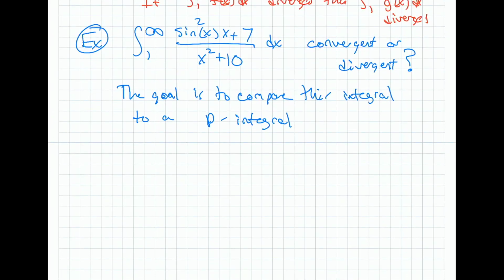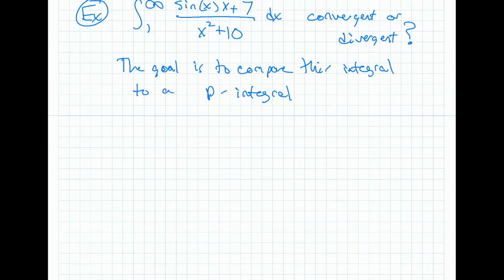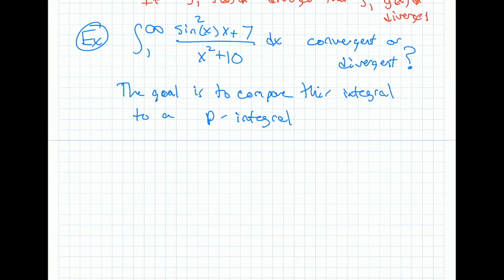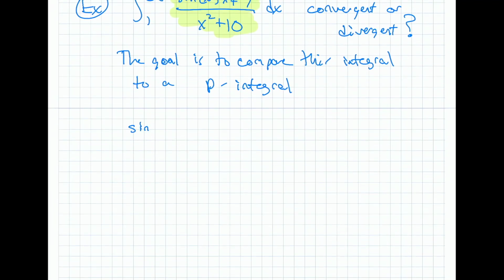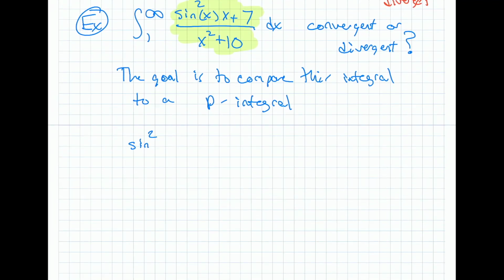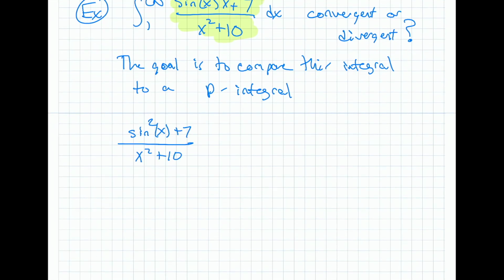So here's how you go. You just take the integrand and pull it out to look at. So we've got sine squared x plus 7 over x squared plus 10. Now, this is less than or equal to 1 plus 7 over x squared plus 10.